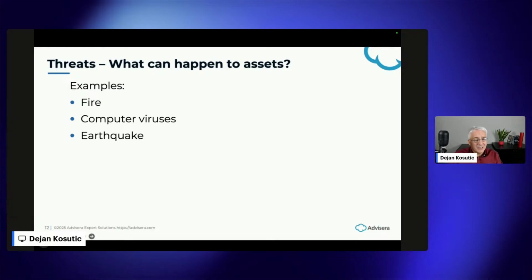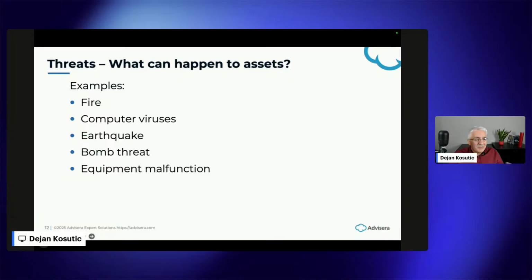If you don't have any plans, then you won't know what to do and how to react in the case of an earthquake. Bomb threat could again be a threat related to your physical assets, to your people, and a related vulnerability there is that you do not have any kind of incident response plans.